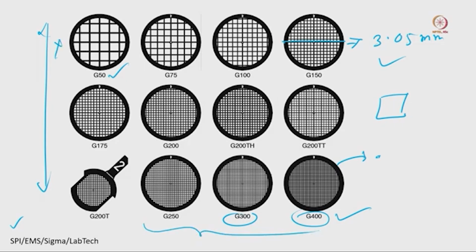Generally we are not considering this kind of grid, because the entire square area is so big and the overall carbon layer will be very unstable. Here the area of the squares is smaller, and that is the reason it is much easier to control these kinds of grids, and that is the reason we use these types of grids for biological research purposes.